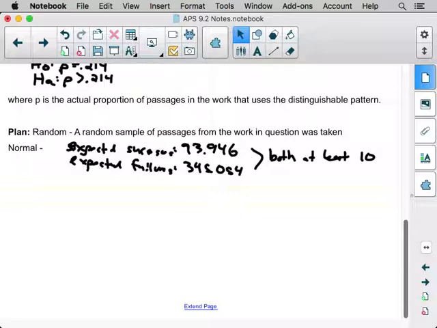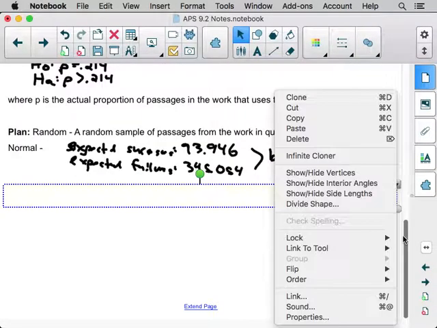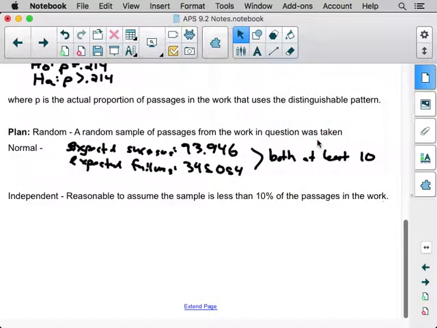And the final condition? Independent. What do we say for that? Yes. So we're going to say that it's reasonable to assume our sample is less than 10% of all of the passages in this work.